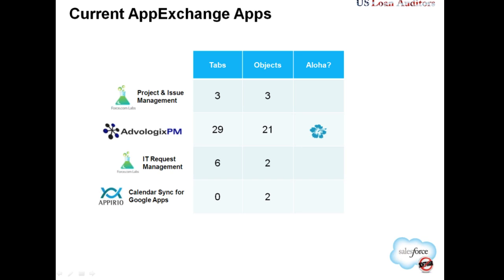I always have a few, like IT process management, project and issue management I've used at my last two companies. And my new process, this AvidLogix PM application, 21 objects, 29 tabs.